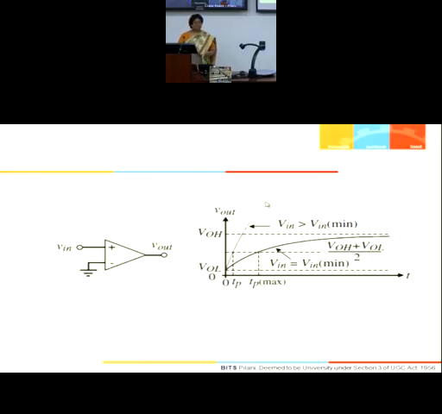The slope, the speed with which it would be charging, becomes less and less. So the more the input with respect to reference, the faster will be the decision. The closer the input with respect to reference, the slower will be the decision.